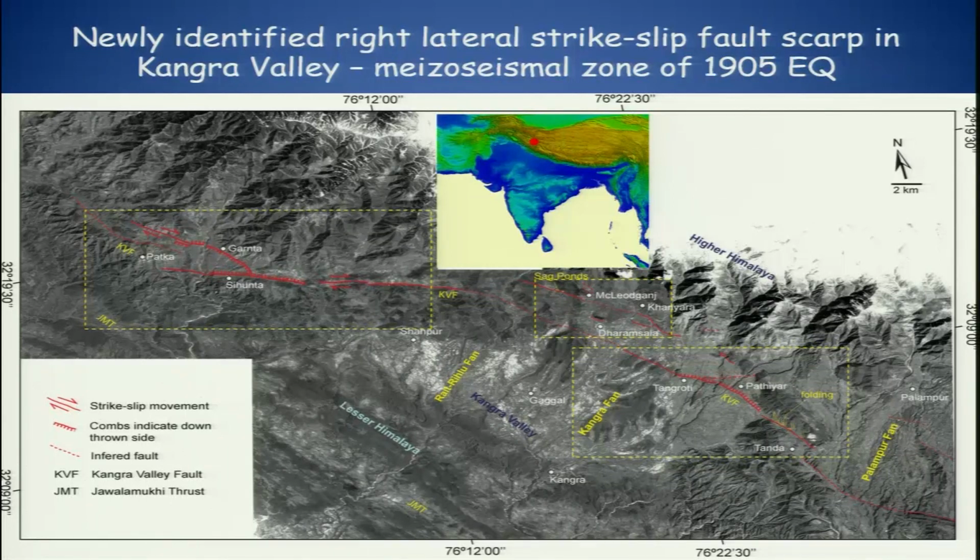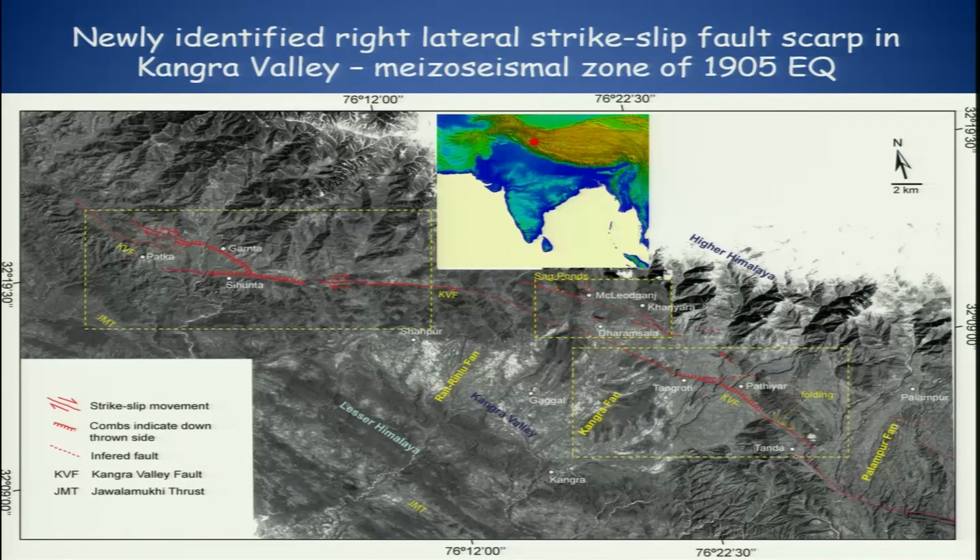This is the active fault trace map, which was prepared using high resolution Corona satellite photographs, and we will discuss the most prominent signatures one by one, where we have marked these yellow boxes.